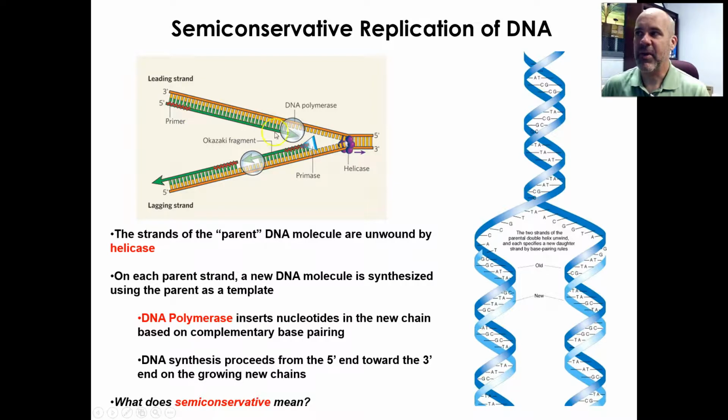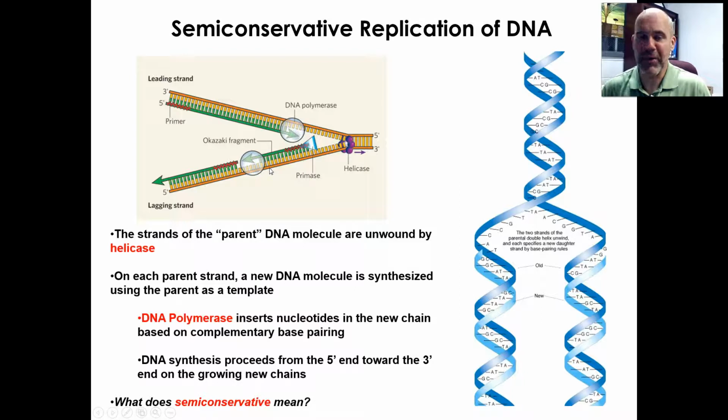Then your DNA polymerase can recognize the end of that primer, hops on, and starts adding DNA nucleotides to build our new DNA strand, shown there in green. Eventually the primer, because it's RNA, gets removed and replaced with a little stretch of DNA. Those details are located in your textbook.